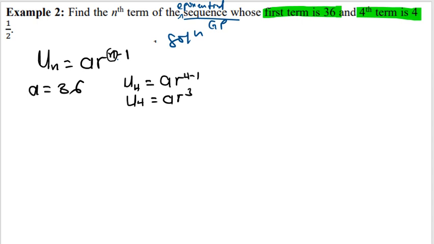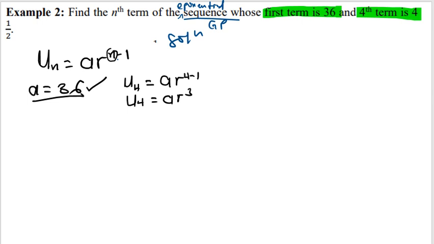But we know our first term to be 36, we know our fourth term to be 4. So what do we do? What we need to do is to equate. Since our first term is known, that is perfect, but we need to look for the fourth term.